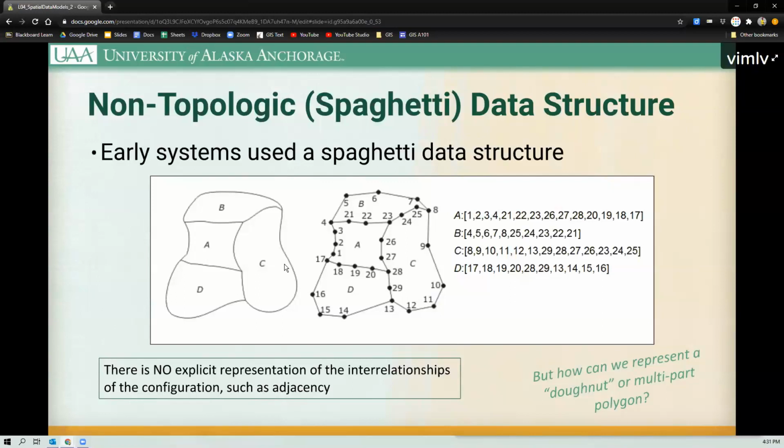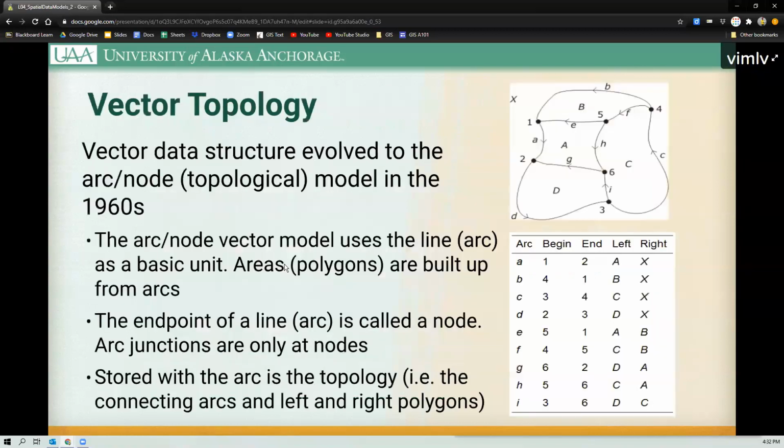So again, the initial or original spaghetti feature is a really basic one-to-one. You have points that are connected by lines that are enclosed into polygons. And there's no discussion of the relationships between those polygons.